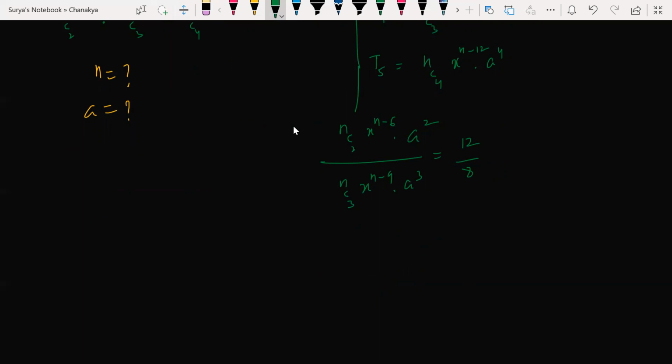Correct. So 12 by 8 is nothing but 4 3s, 4 2s. If you observe this properly, guys, a cube and a square, one a will be getting cancelled. NC2 whole divided by NC3.